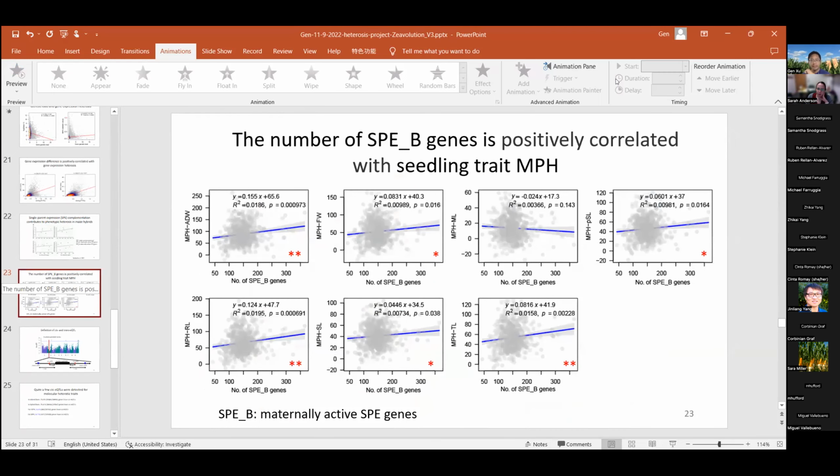So I'm wondering if you tested for the single parent expression genes, whether the genes are present in both genotypes. Are any of these genes present in one genotype and absent in the other, or are these only genes that are present in both genotypes and only expressed for one parent? Here, the SP genes mean that if one gene is expressed in one parent, the FPKM should be larger than 1, and in the other parent, the FPKM should be less than 0.1.